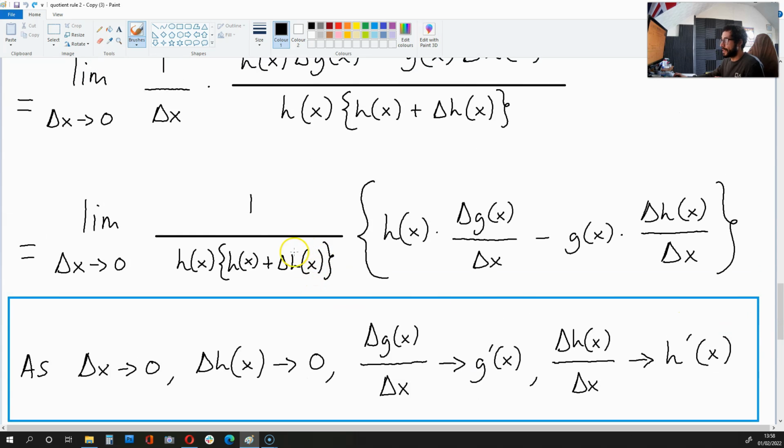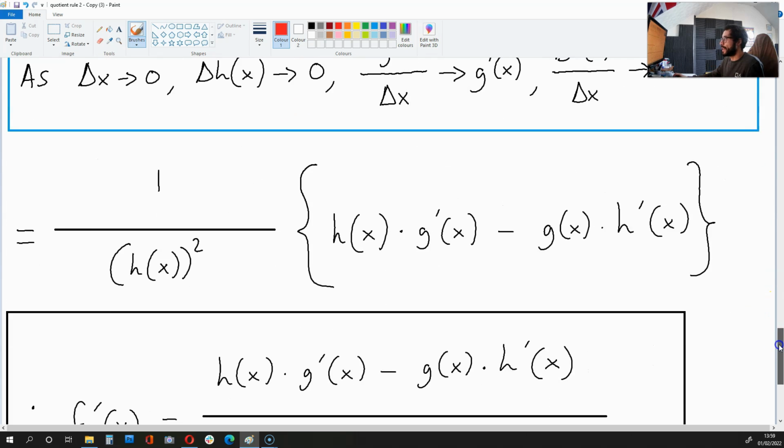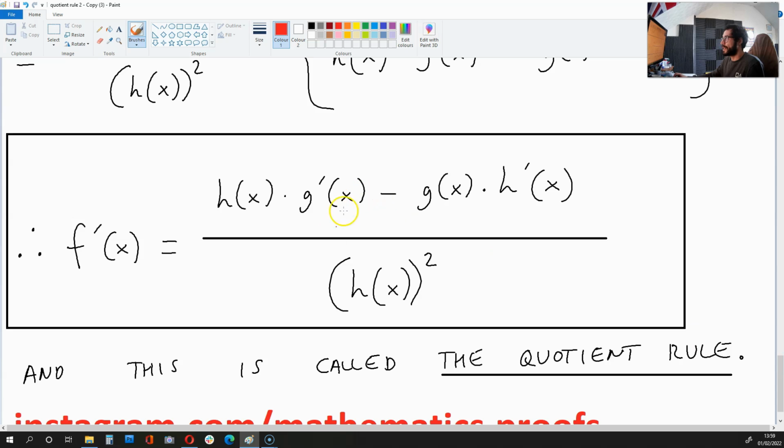So that means this change in h(x) over here disappears, okay? And this over here becomes the derivative of g(x), and this over here becomes the derivative of h(x). So what we are left with is this over here, okay? And we call this the quotient rule.